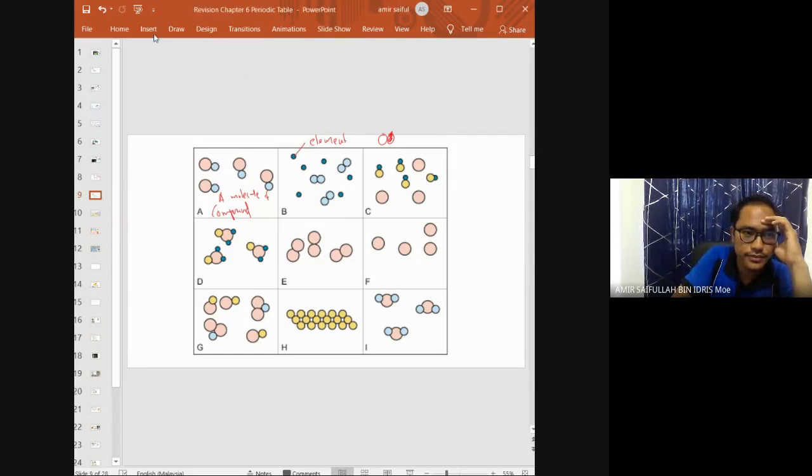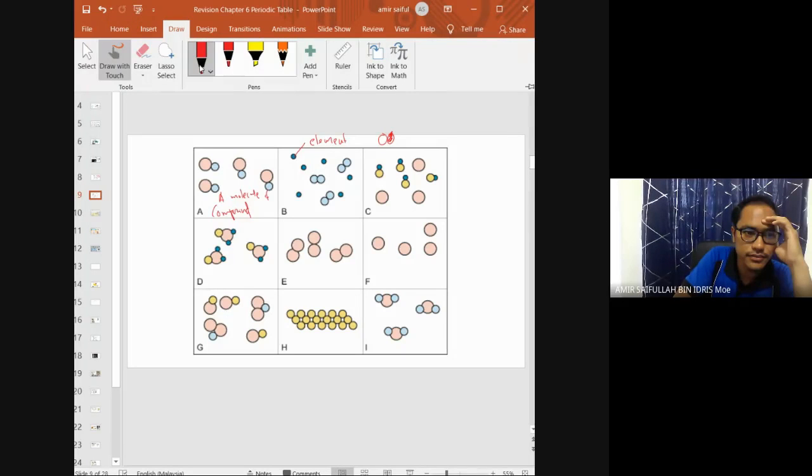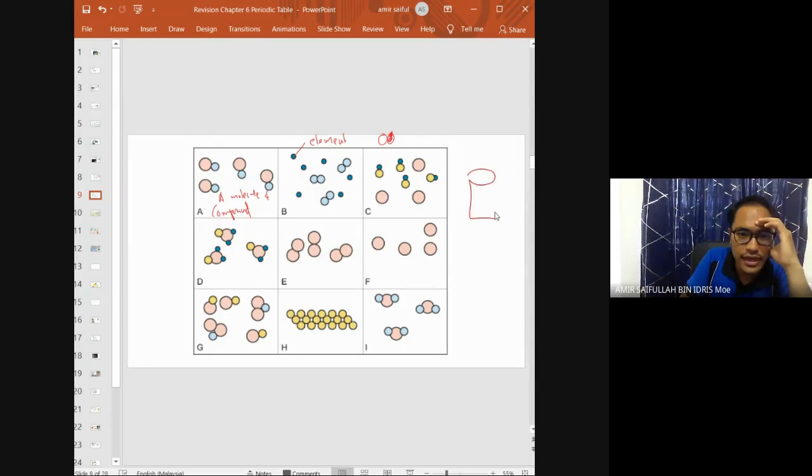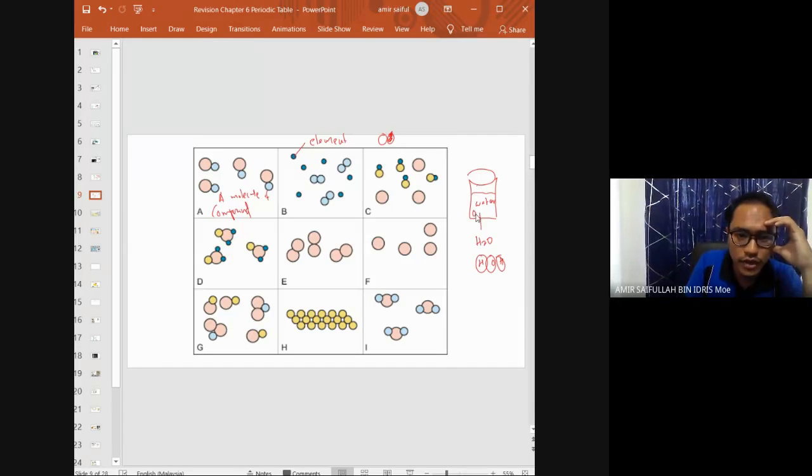Let's say I have a glass and I put water. Element and compound, I think you understand already, right? But then when we mix them, let's say water. Water is a molecule of compound because it has hydrogen and oxygen. So you have a water molecule here.